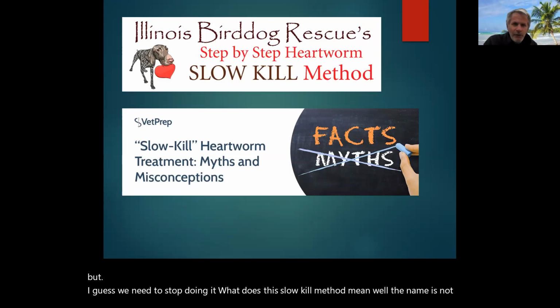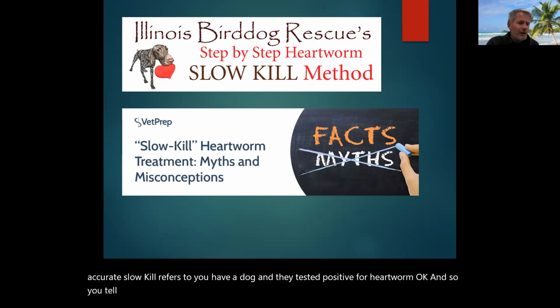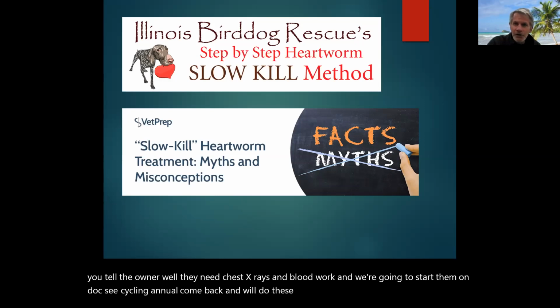Slow kill refers to you have a dog and they tested positive for heartworm. Okay, and so you tell the owner, well, they need chest x-rays and blood work, and we're gonna start them on doxycycline, and you'll come back and we'll do these 3 melarsomine injections, and there's these rechecks.